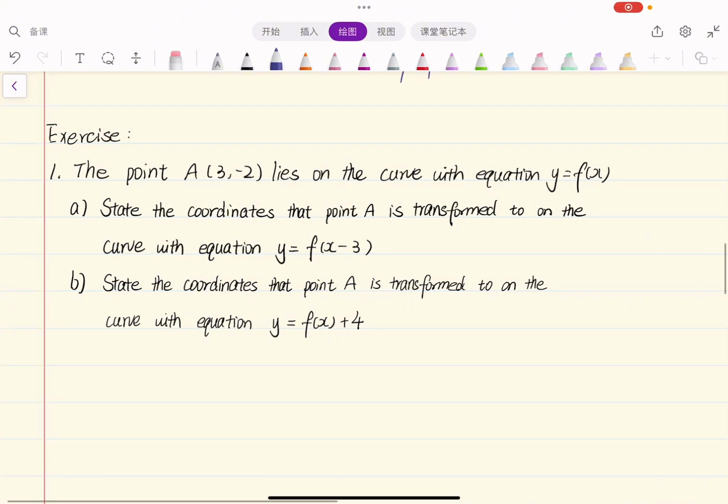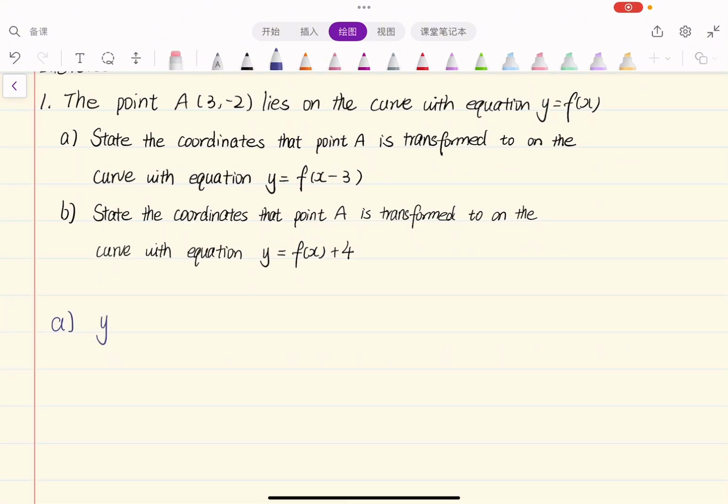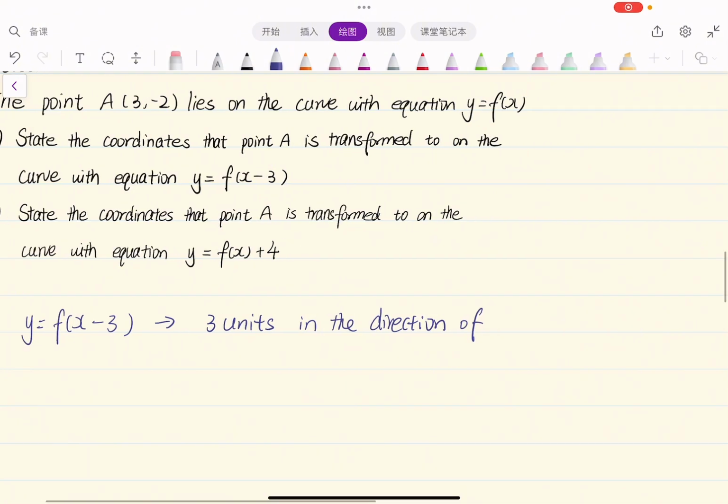So what does y equals f(x minus 3) mean? It means you need to move 3 units in the direction of the positive x-axis.